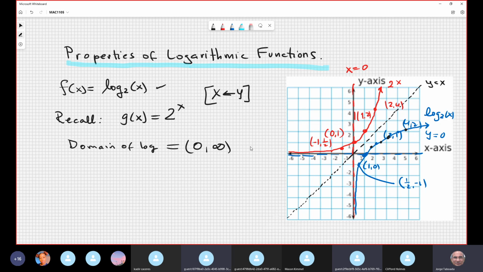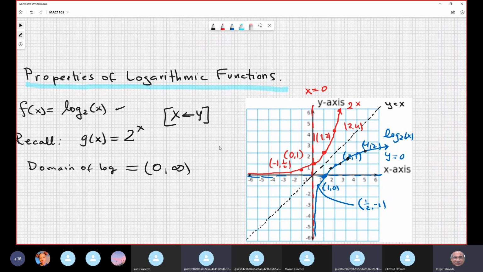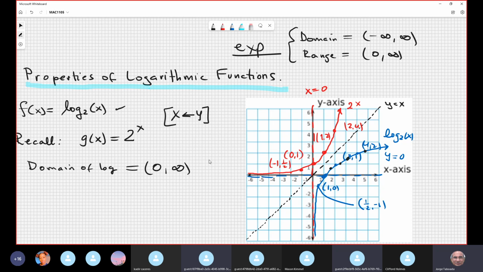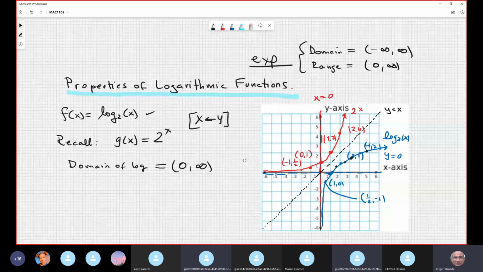Why not? Because if I recall quickly the domain and range of the exponential. Look here, I copy here, exponential. The domain of the exponential is all real numbers. Nice function. No problem, no restriction, never. And the range of the exponential is (0, infinity). This is for the exponential function. And for the logarithm function, you know, the action is to interchange x and y.